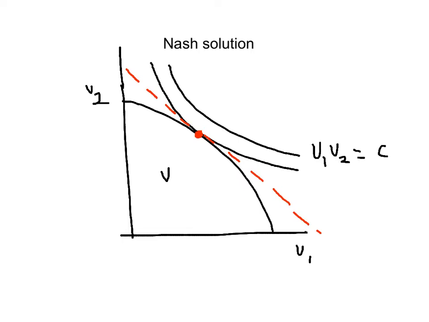If I go back up, this is not really drawn to scale, but this point here is the actual midpoint of the tangent line. The Nash bargaining solution point also happens to be on the 45-degree line. So these are the geometric interpretations of the Nash bargaining solution.